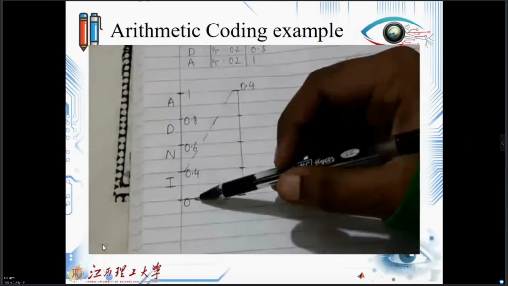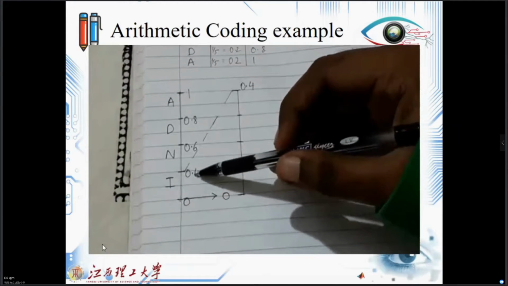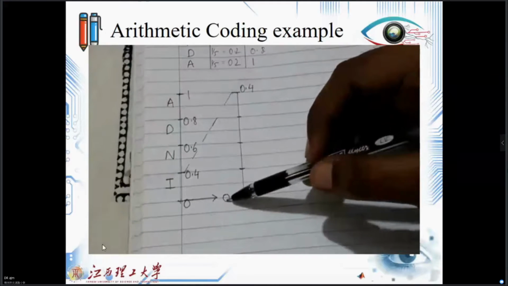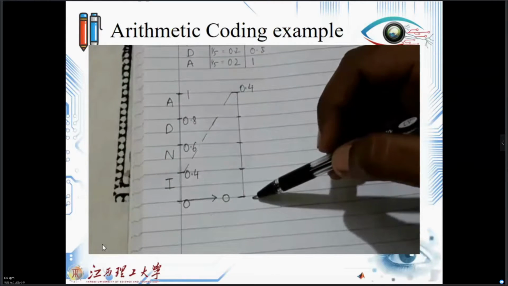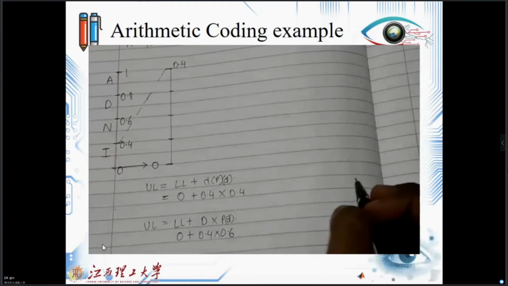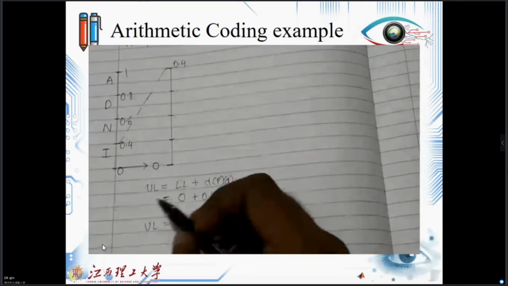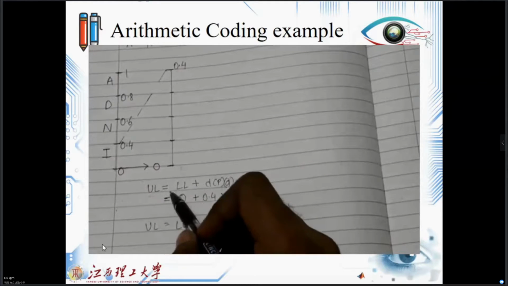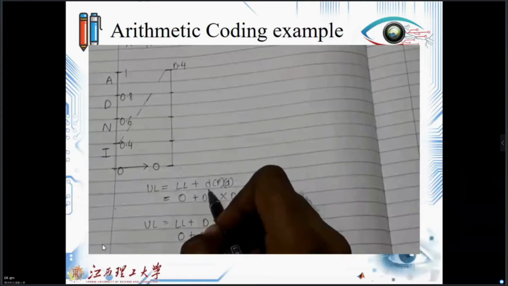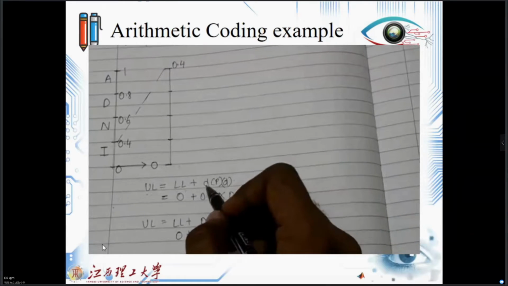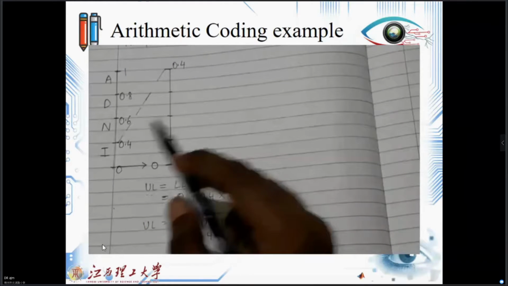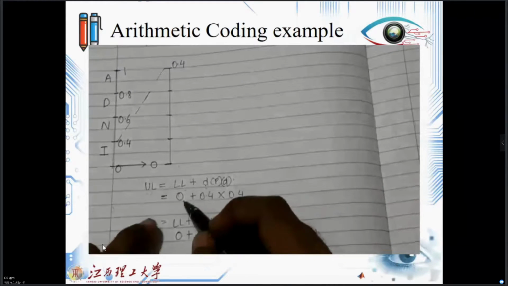I and DA, we sort it, and the upper one we will put at top, and the lower one we will put as the lowest place. See how it will calculate the upper and lower limits.